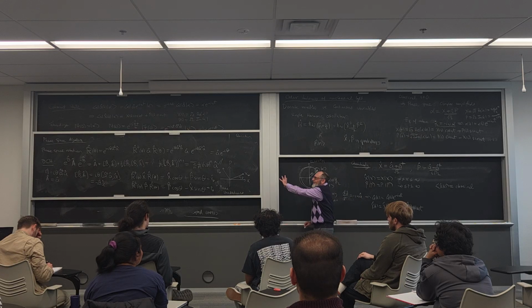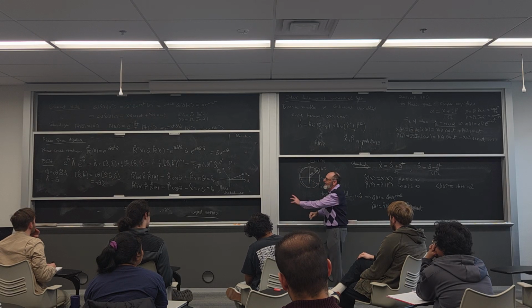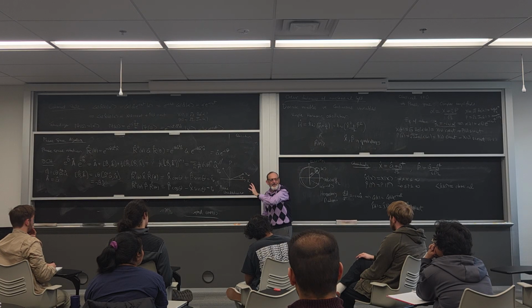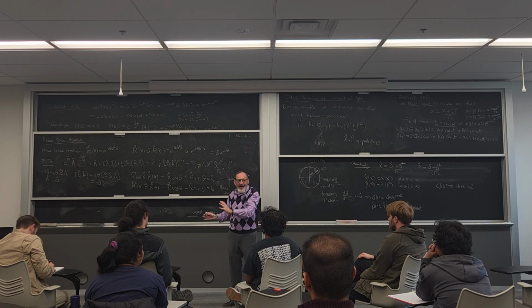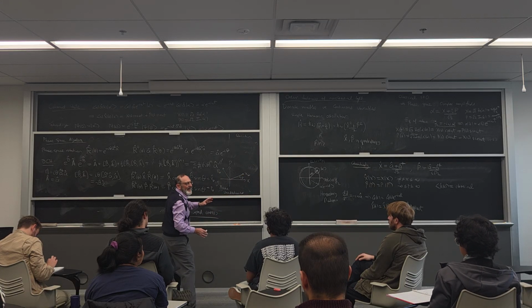Well, the reason is that this is an active rotation on the vector. This is a passive rotation on the coordinate system. When you do a rotation operation, or any operation, you have to ask, are you rotating the vector, or are you rotating the coordinate system?